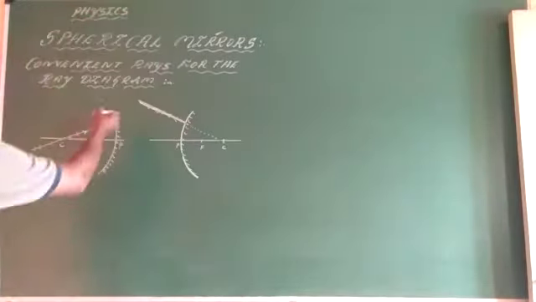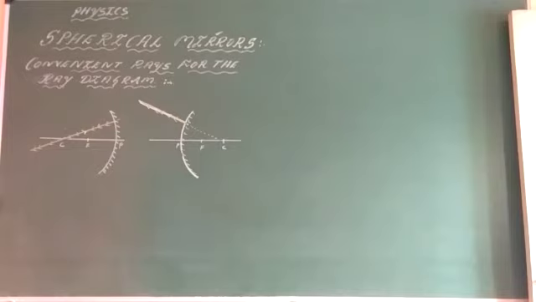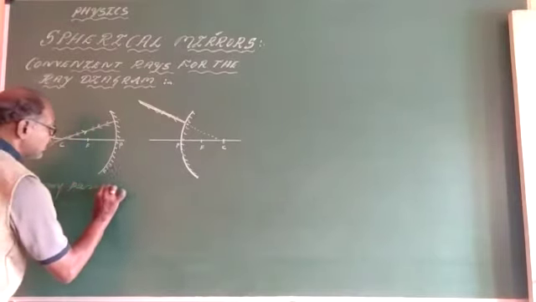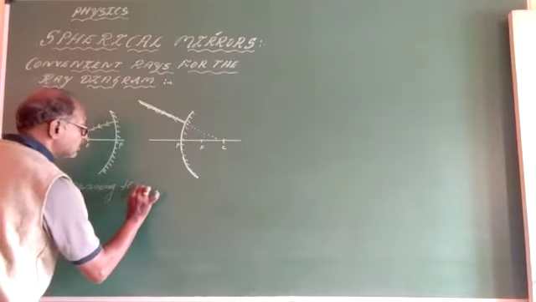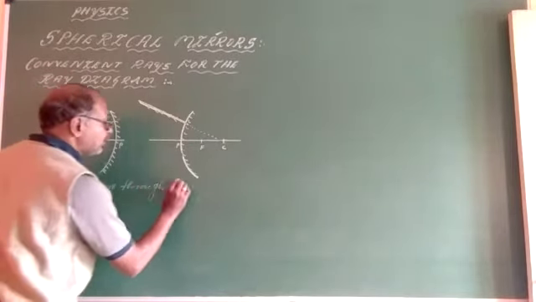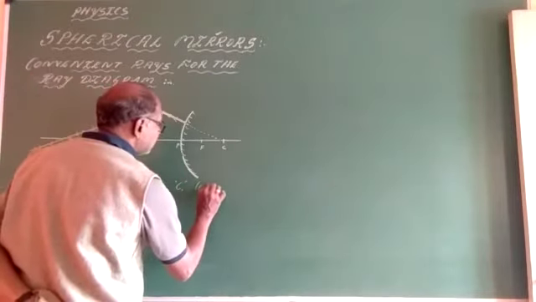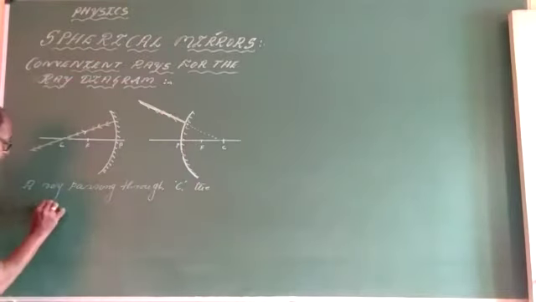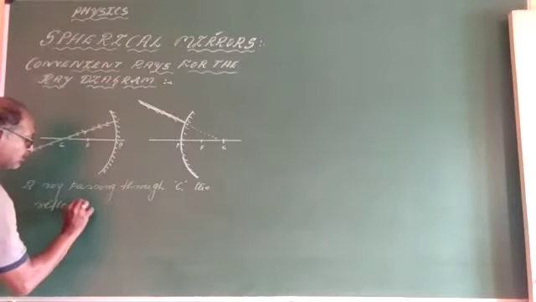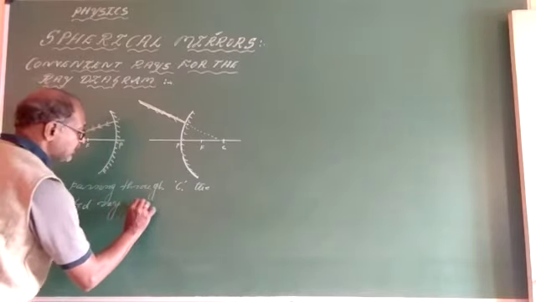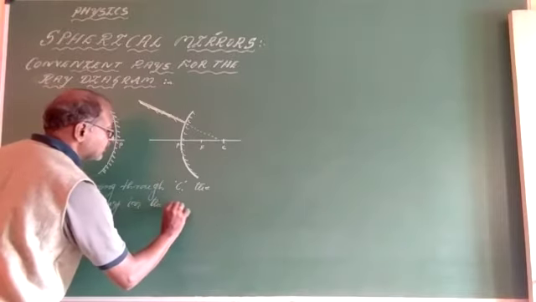So you will write like this: a ray passing through the center of curvature is reflected in the same path.